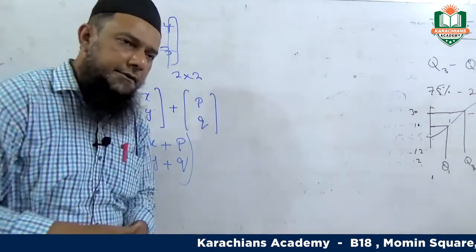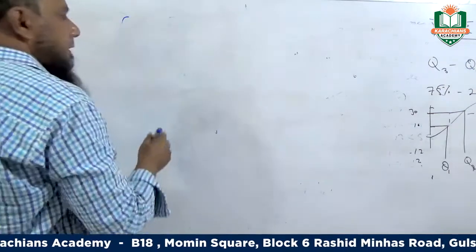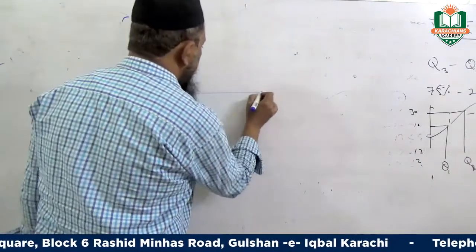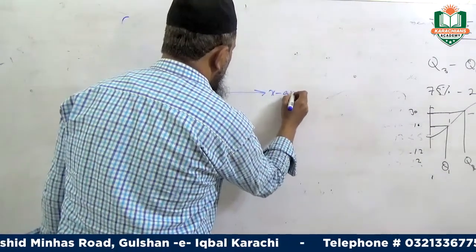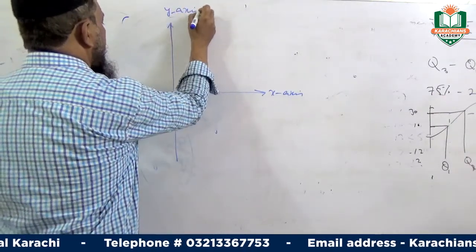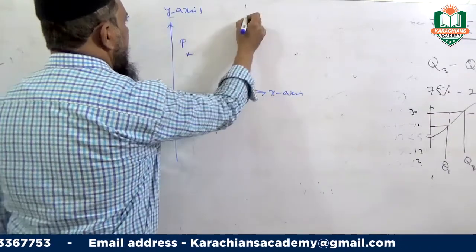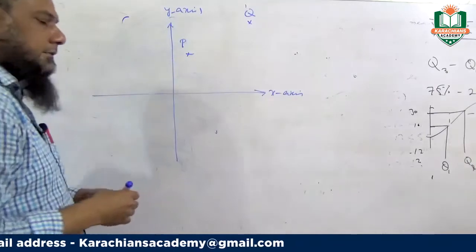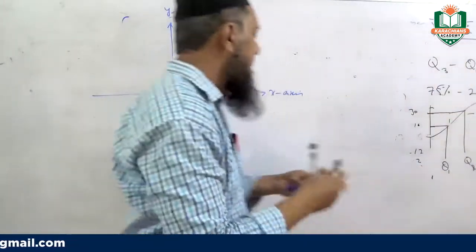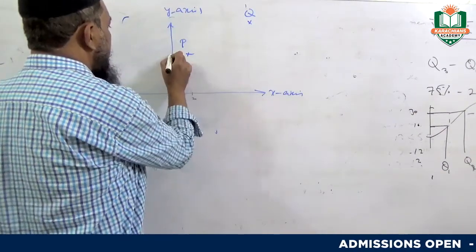Now I discuss this column vector in terms of vectors graphically. For example, on a graph paper we have an x-axis and a y-axis, having points P and Q. First we find the coordinates of P and Q. Suppose here we have 2 and here 4.